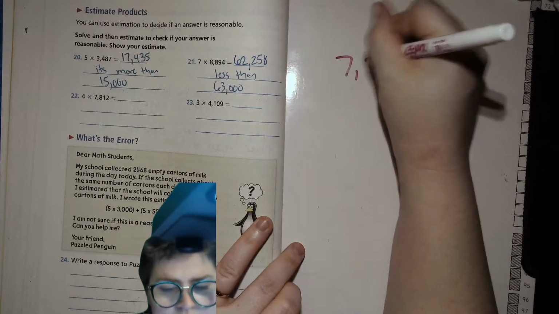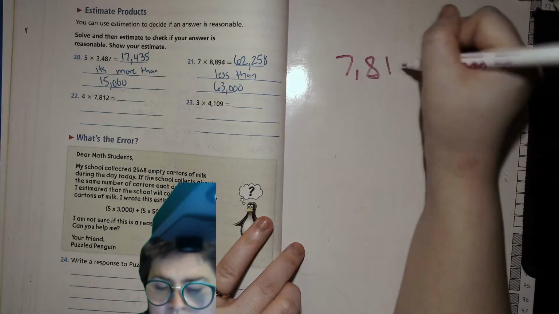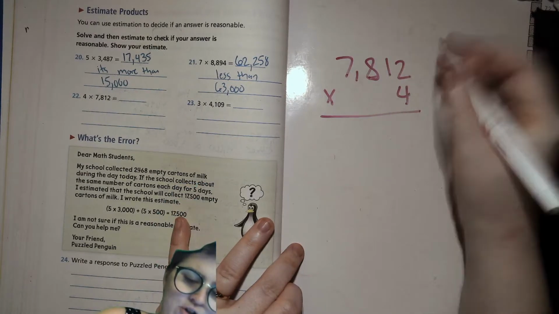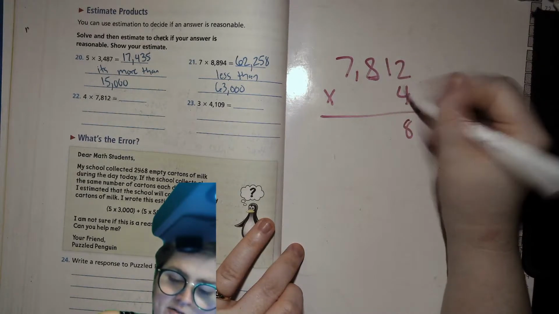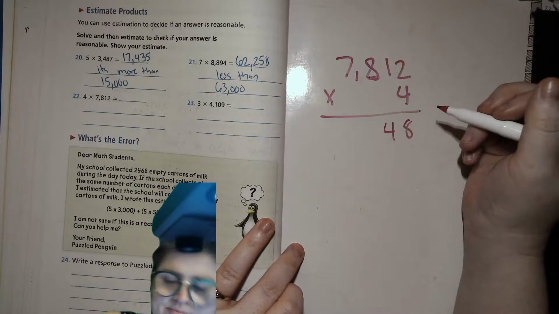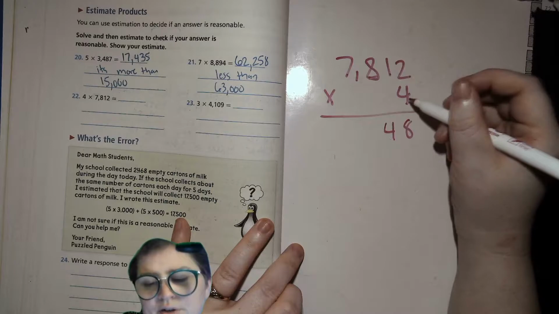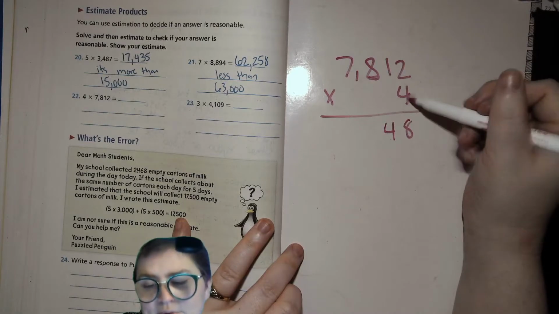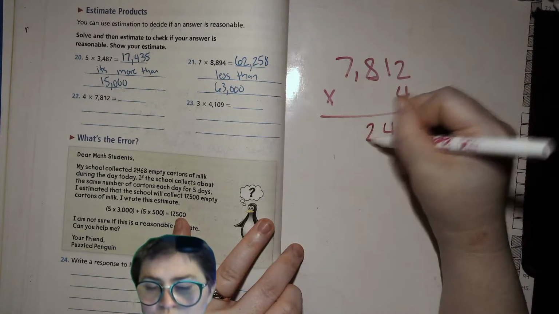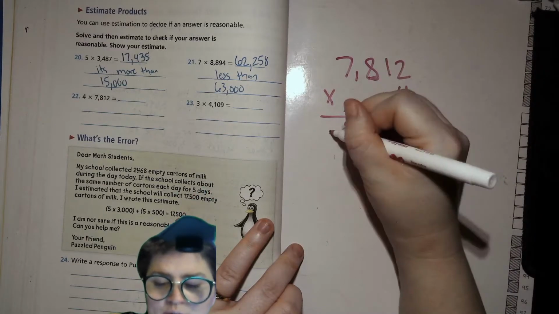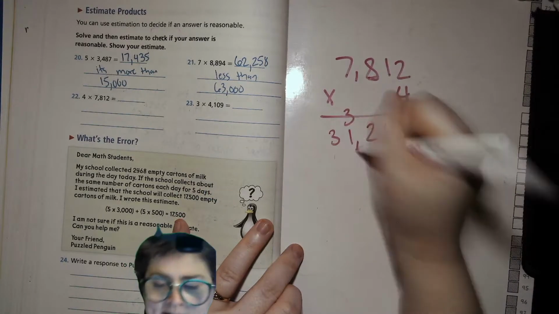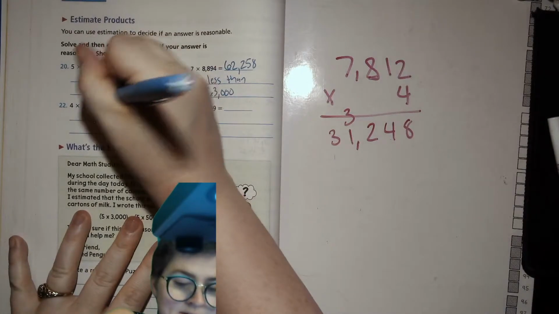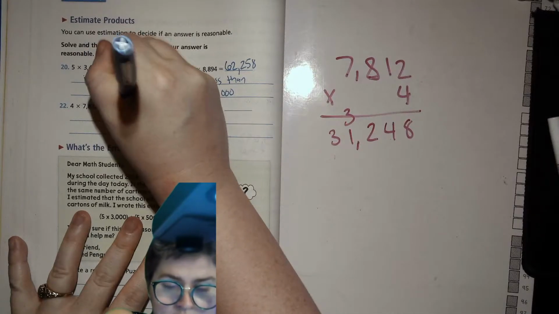So 7, 8, 1, 2 times 4. 4 times 2 is 8. 4 times 4 tens is 40. 4 times 8 is 32. 4 times 7 is 28 plus 3 more, so 31. So we said it's almost 32,000, and we're right. It's almost 32,000. 31,248.